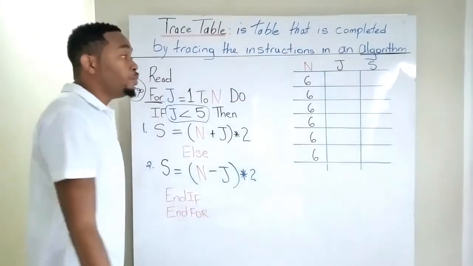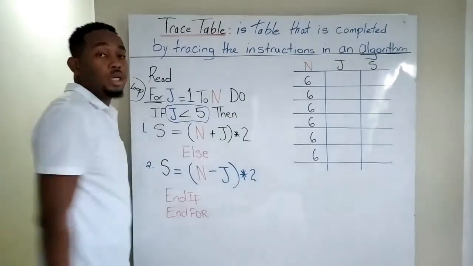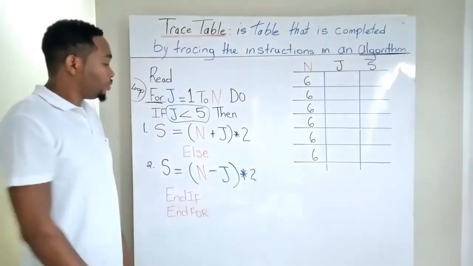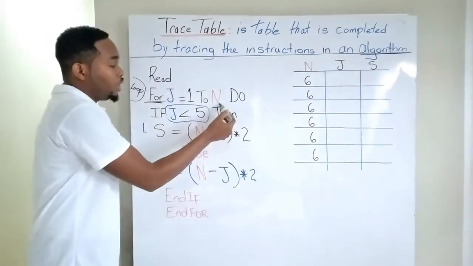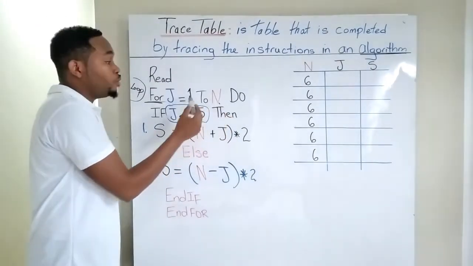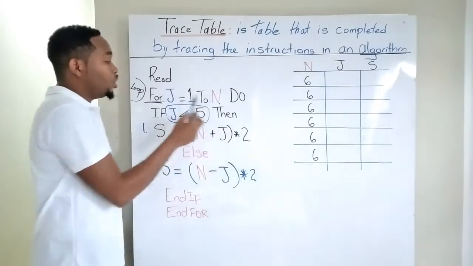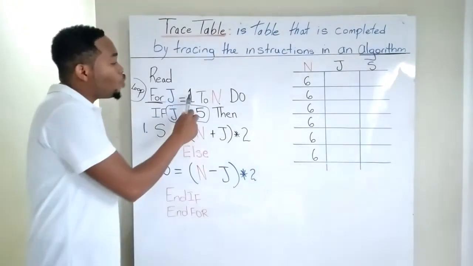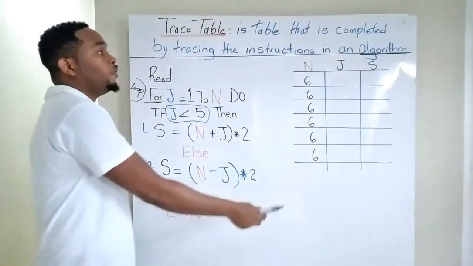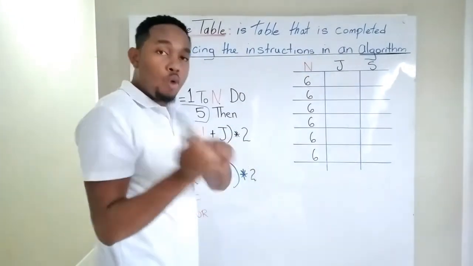We have our input value starting with n as 6. From the first part of the algorithm, we move from 1 to 6, so j can have values from 1 to 6. I can fill out j from 1 to 6.